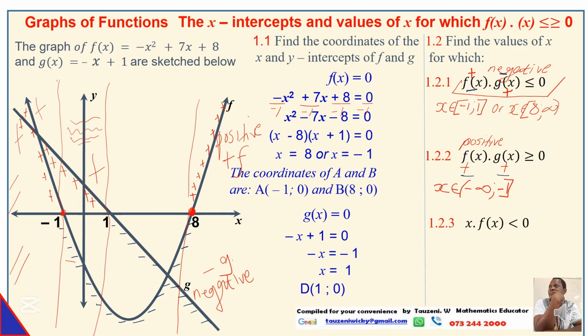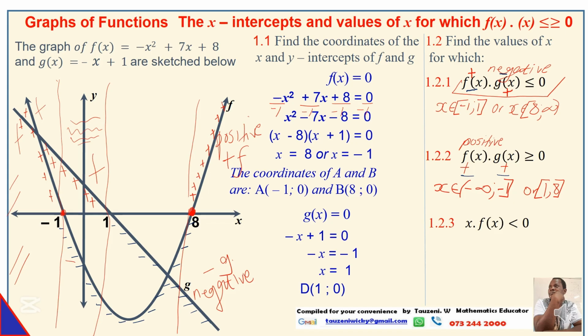That is our answer. We also have the same situation if you check from 1 to 8. Between 1 and 8, the graphs are both negative. Therefore, if you multiply f and g, the answer will be a positive result.